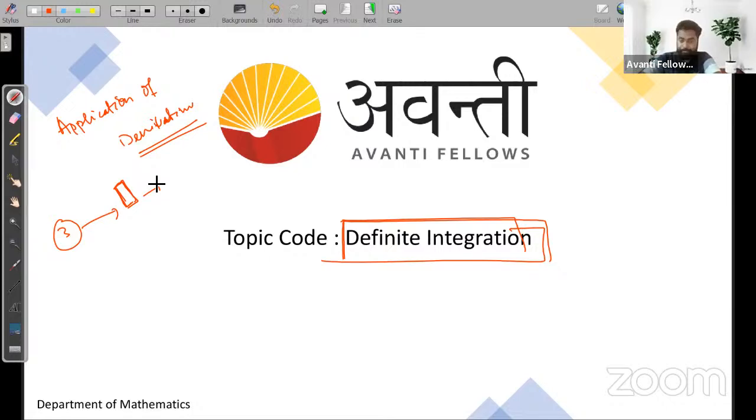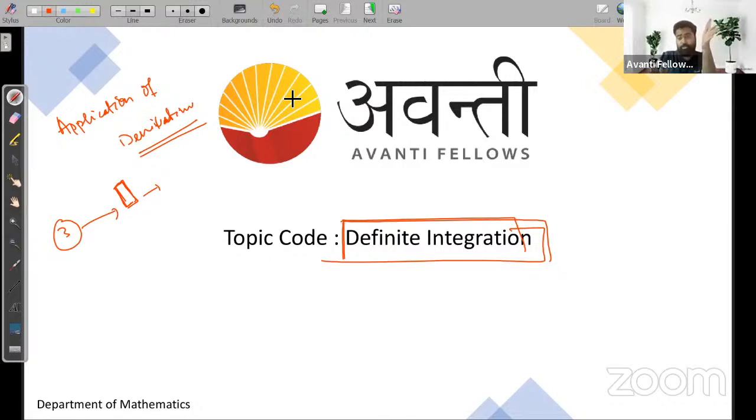So first we'll discuss all the properties of definite integration. The key to solving definite integrations is that we must have an idea about all the properties, and also about how to evaluate indefinite integrals.